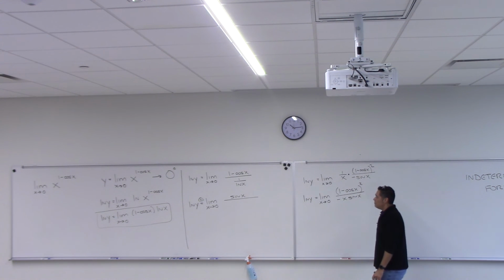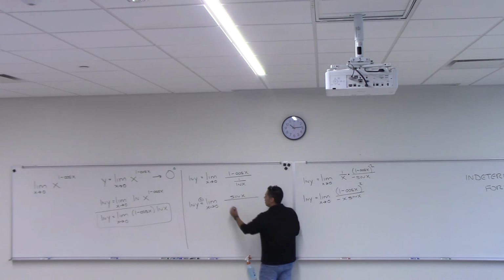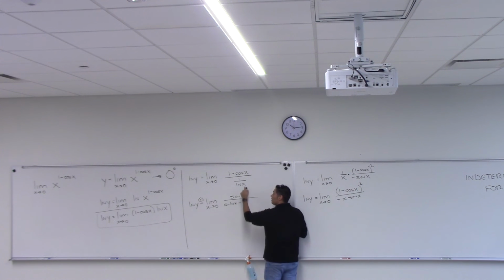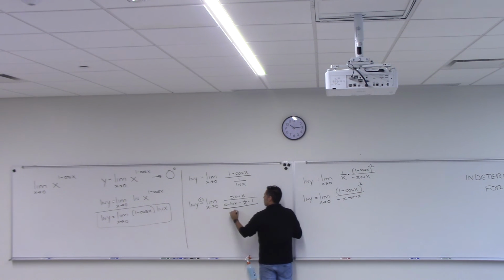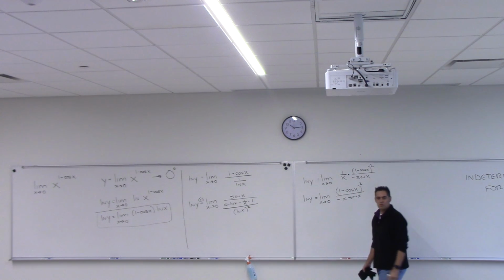All right, the bottom is a quotient rule. You have to do quotient here. So derivative of the top, 0, times the bottom, minus the derivative of the bottom, 1 over x, times the top, all over the bottom squared. Do you see the quotient rule there?